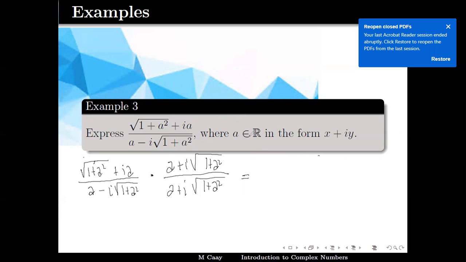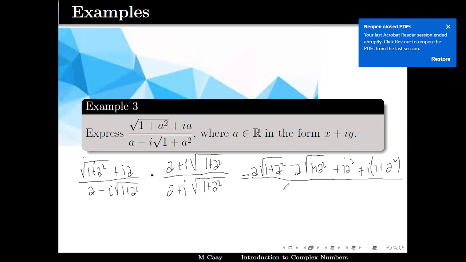So I have the square root of 1 plus a squared, and I also have the square root of 1 plus a squared. Plus, I have i a squared, and I have i times the square root of 1 plus a squared. You can verify this numerator by using the definition of multiplication of complex numbers.